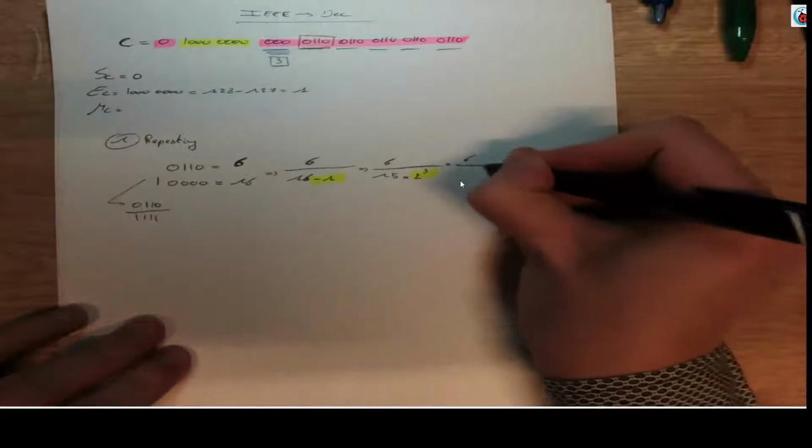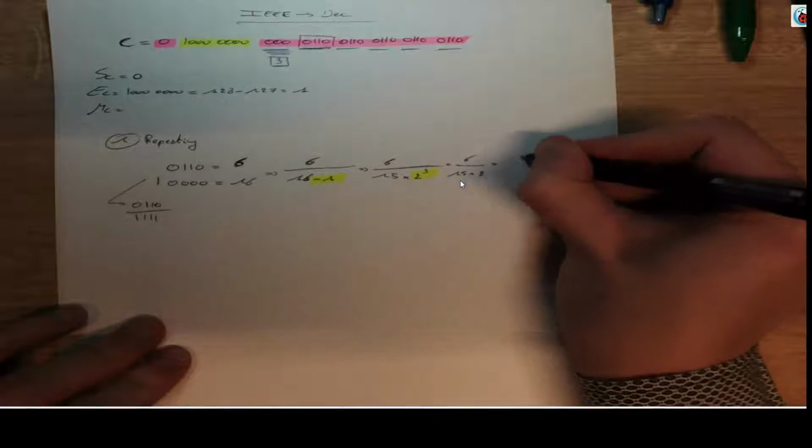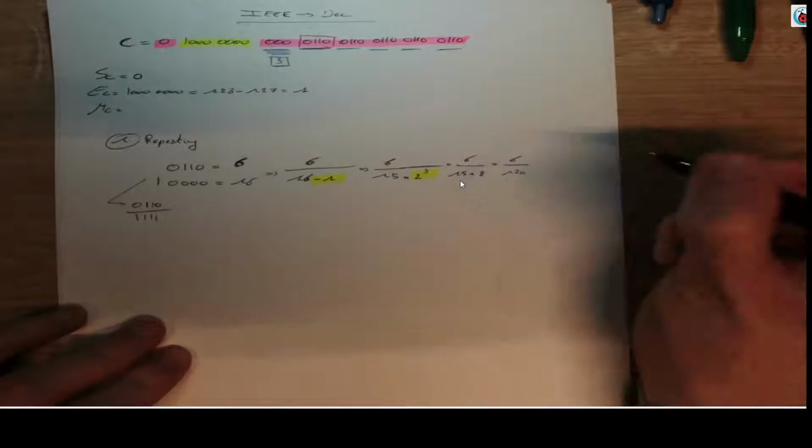By the way, one more thing, the -1, don't forget it. You'll see that for the non-repeating part, we won't be doing the -1. So here there are two things: the -1 and 2 to the power of the amount of bits of the non-repeating part that you need to take into account. Or basically what we say here is 6 divided by 15 times 8, or 6 divided by 120.